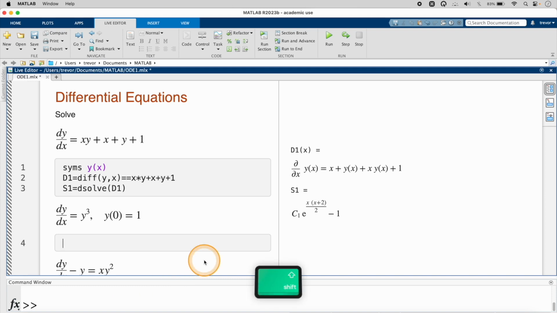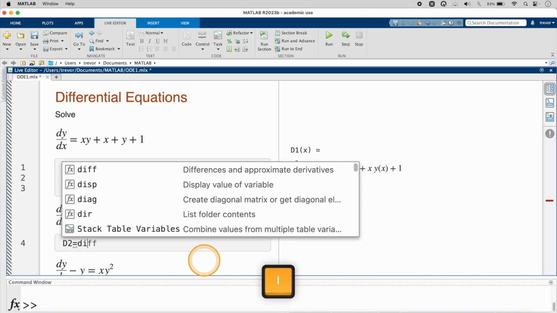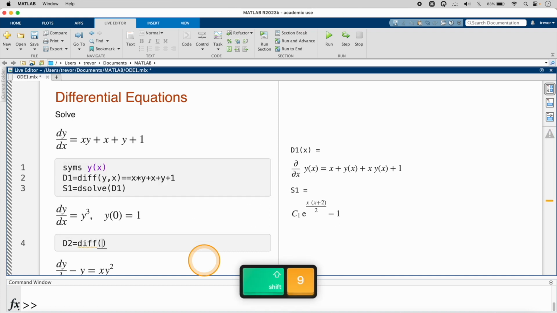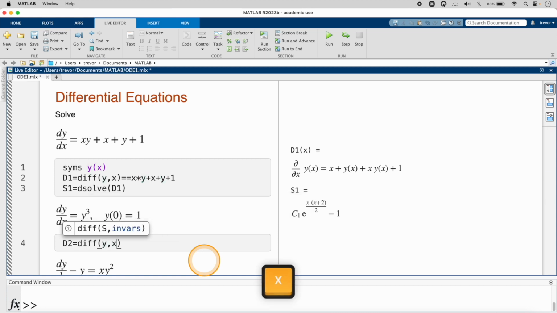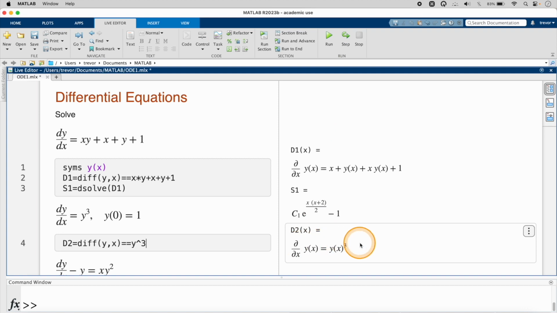I'll call it D2 is equal to diff, open parenthesis, and what we are differentiating there is y with respect to x. Define the equation by the double equal sign y to the power 3. So that's the differential equation. I can just run to confirm. So this one, the derivative of y with respect to x is equal to y to the power 3.